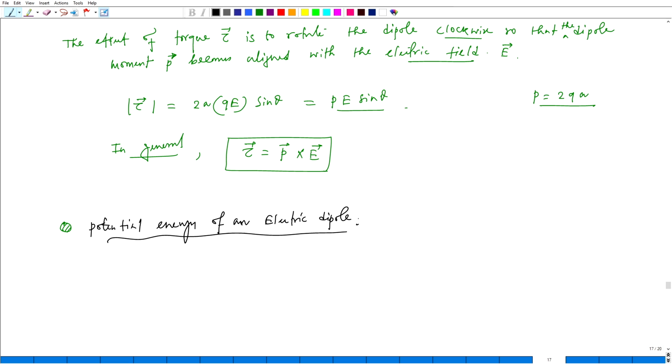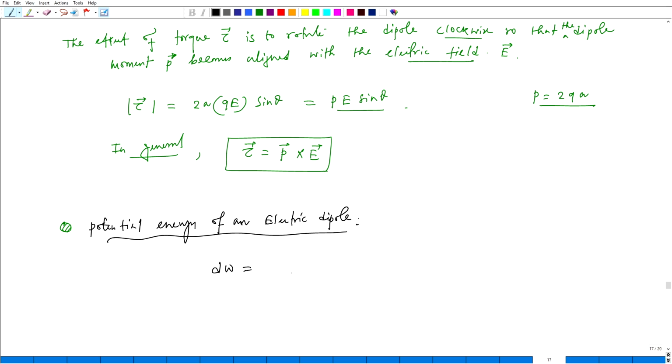First we calculate the work done to rotate the dipole by a small angle d theta. The corresponding work done, dW, is minus tau d theta. This is the work done by the electric field to rotate the dipole by an angle theta.